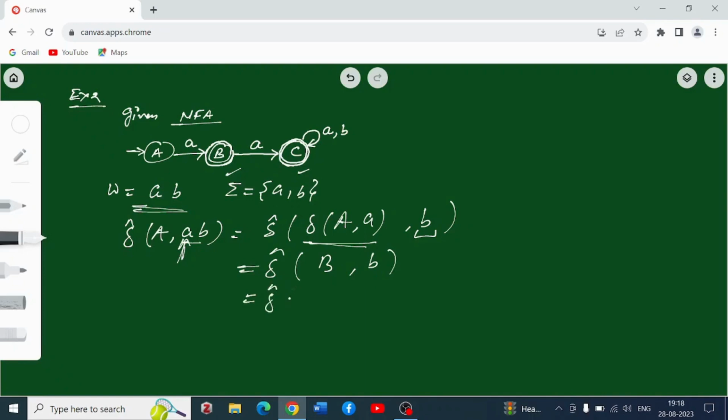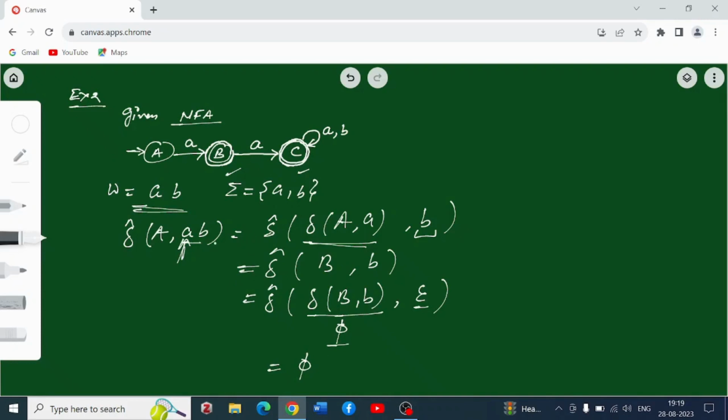If we extend the transition again, we will have B on b, and the remaining input is epsilon. The state B on input b is going nowhere, therefore we will have phi here. And applying epsilon on phi will result in phi itself.